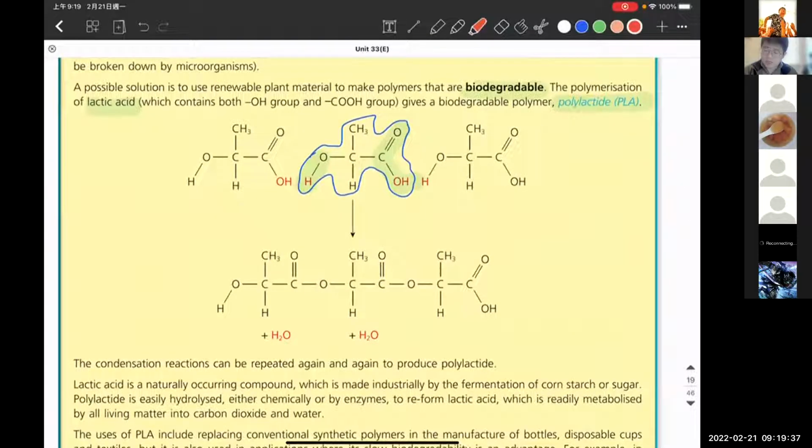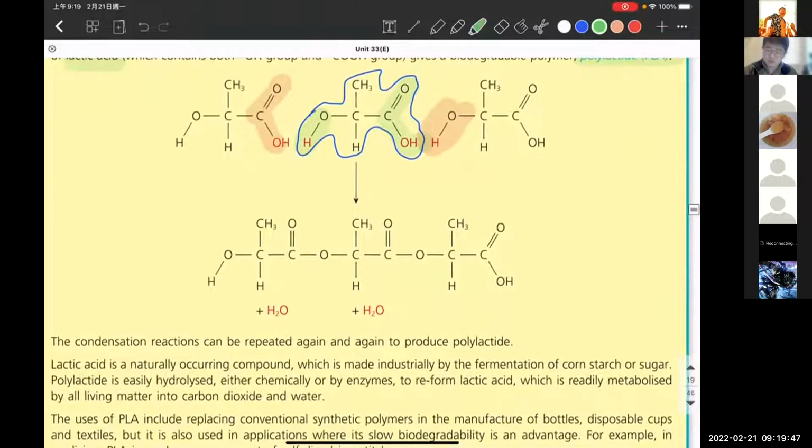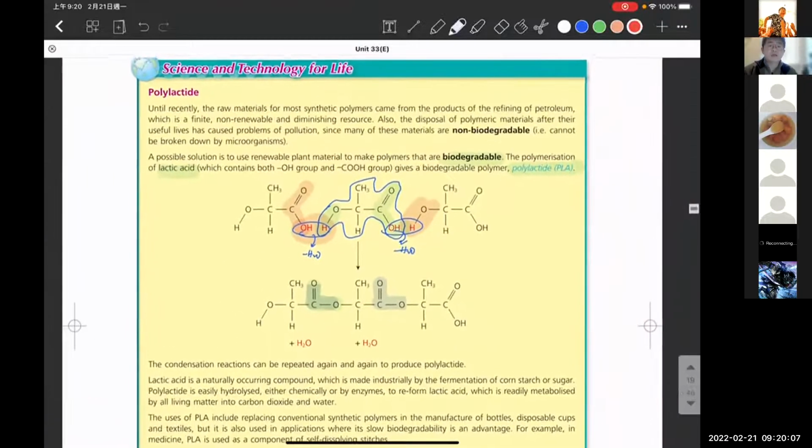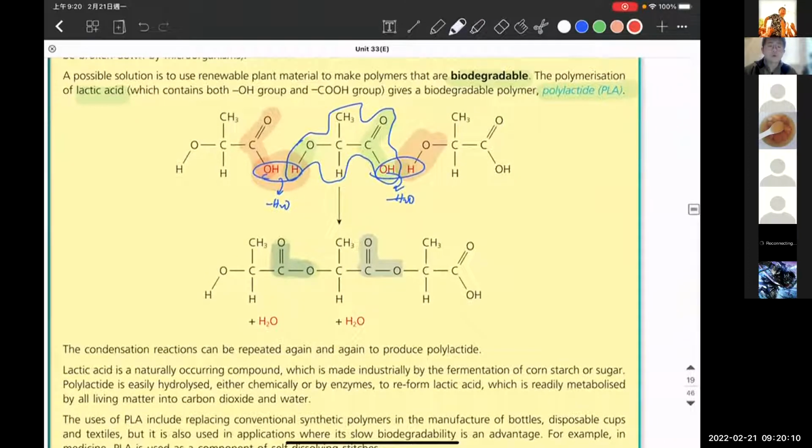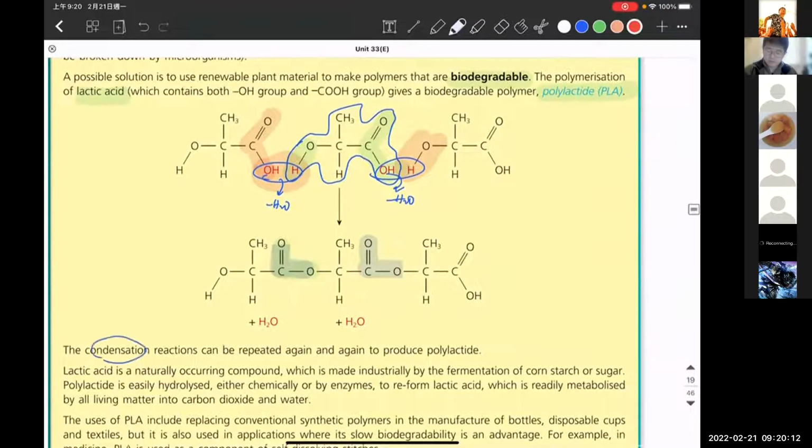A neighboring hydroxy group and a neighboring carboxyl group would merge together to form an ester linkage. So you may find the ester here. With the elimination of water, this is also called a condensation polymer.